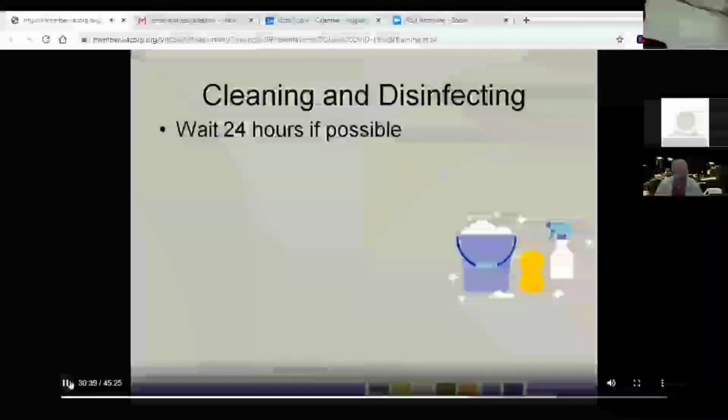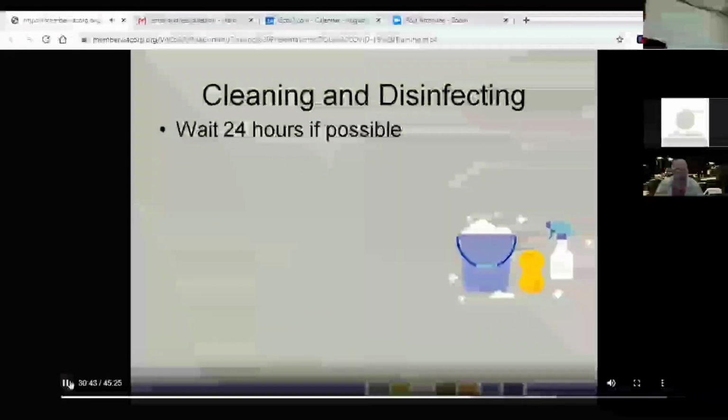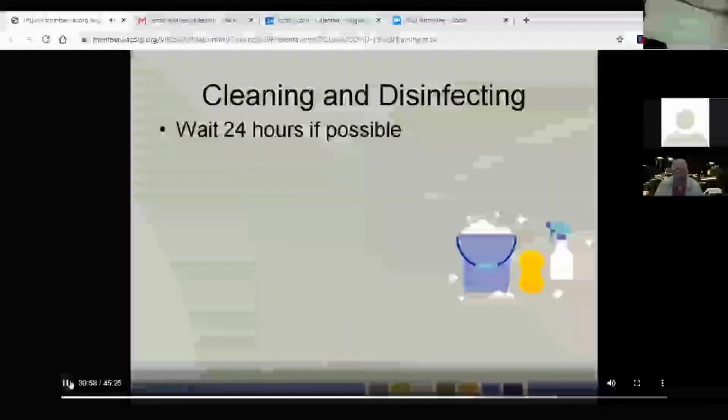If you don't need that room right away, you're better off from a safety perspective to wait 24 hours if possible. The reason being, this is primarily an airborne virus spread through water droplets. If you let that place air out for a day, we're not quite as concerned with what's going to be on those surfaces. So it's going to make it a safer environment. But of course, that's not always going to be a possibility.